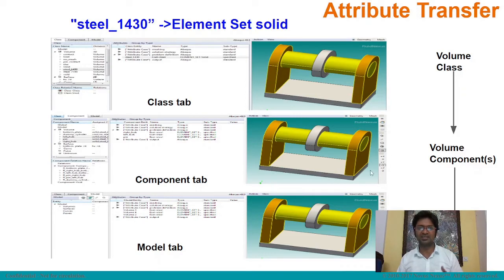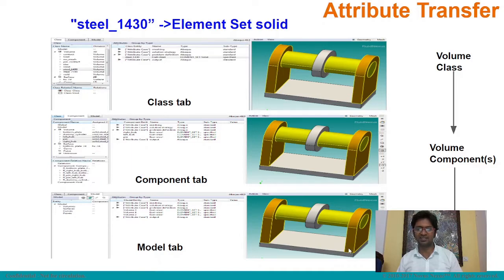So in this case, the element set attribute will get transferred onto these three components, that is left hub, pin and the right hub. When we move from the component tab to the model tab, the attribute from the volume component will get transferred onto the respective volumes.